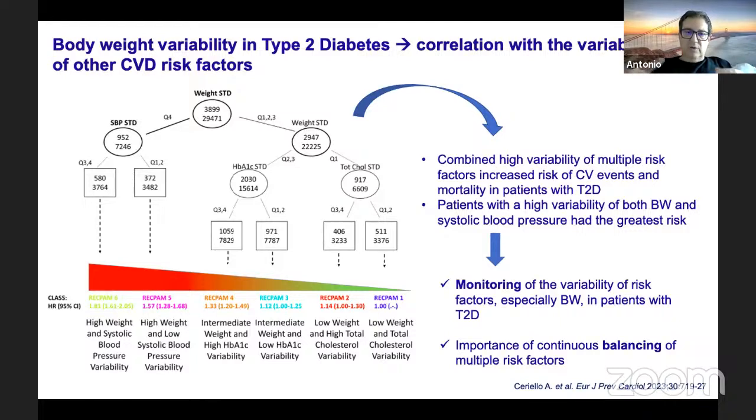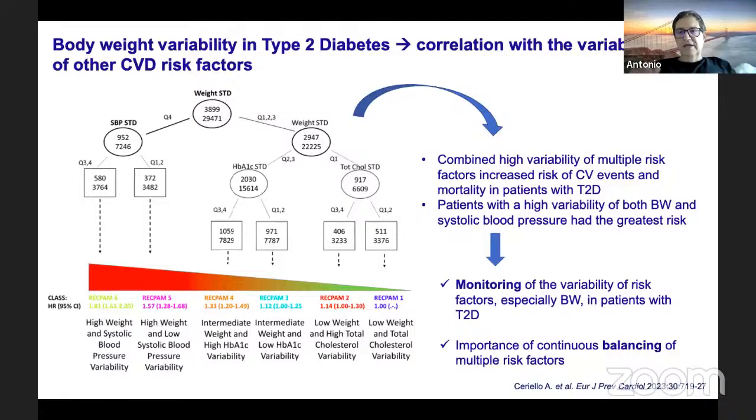And after, when systolic variability was also producing high risk, but then when weight variability in the ranking was associated with A1C variability. So the most important message is that body weight variability is emerging as the most important risk factor compared to the variability of the other risk factors, which can be understood if you think that body weight is controlling the glycemic control, blood pressure control, lipid control.